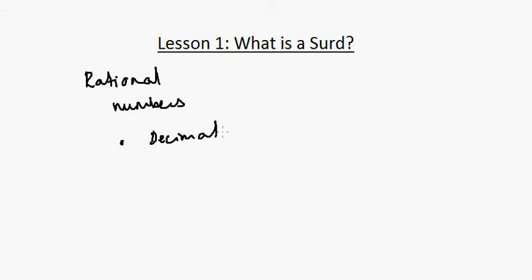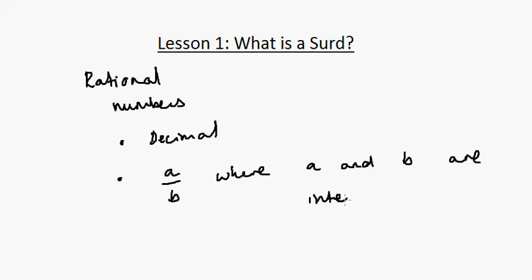Now, of course, any number can be written as a decimal, but it must also be written in the form a over b, where a and b are integers. Okay, so that's what qualifies for rational numbers.